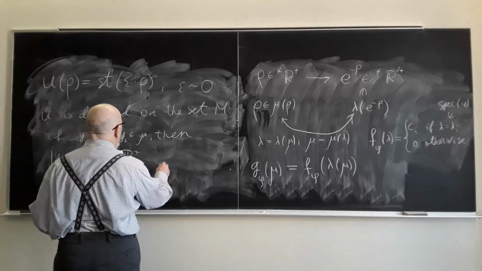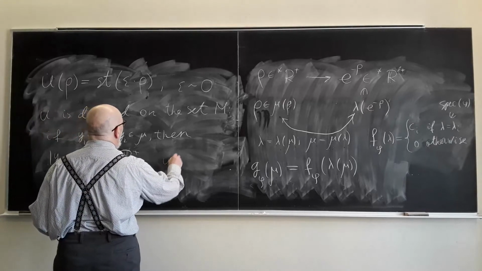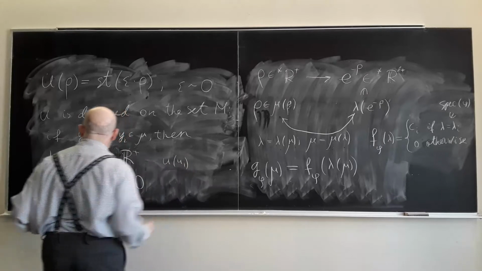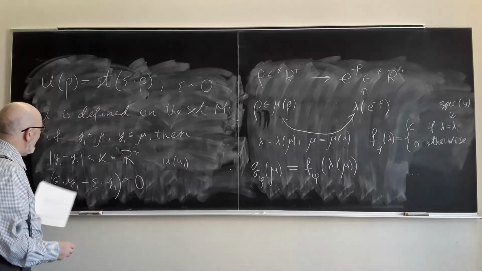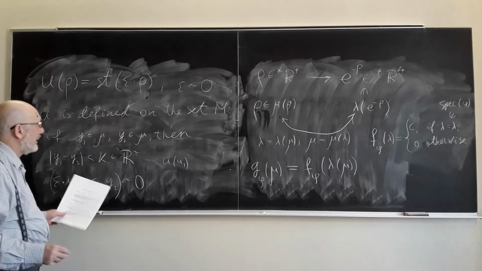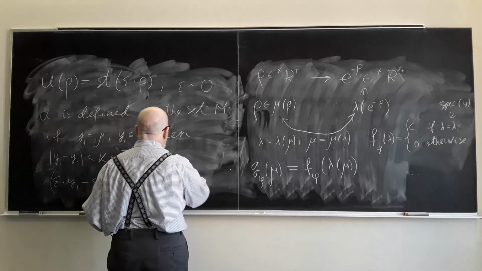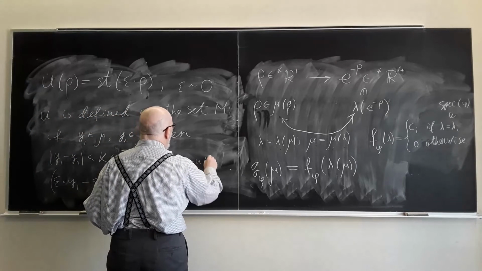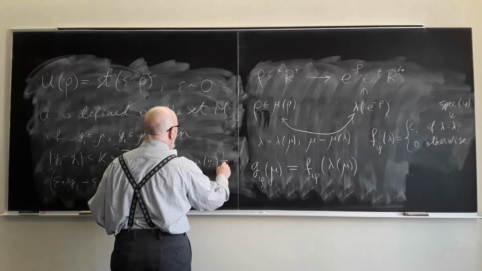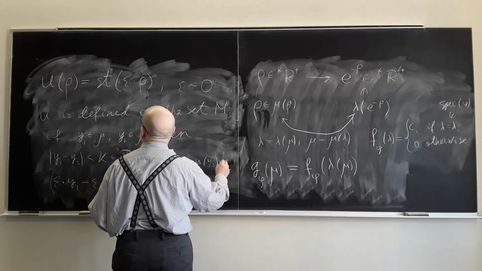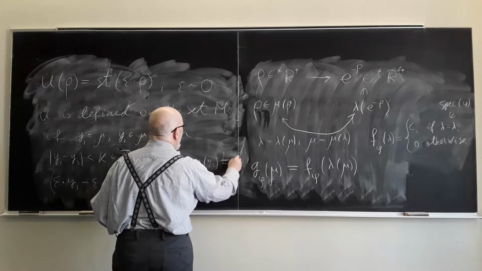And so u of y1 minus u of y2, the standard part of this minus the standard part of this, is 0.